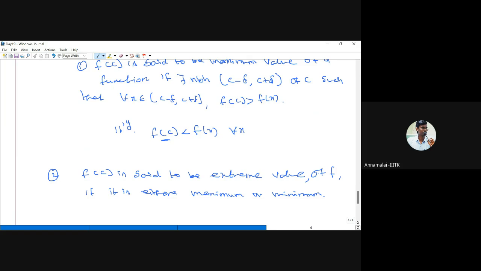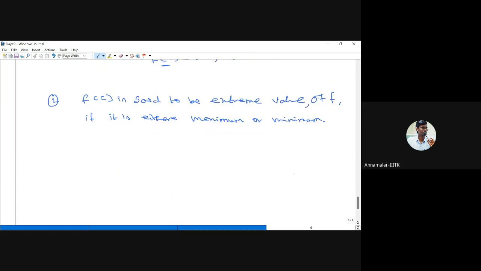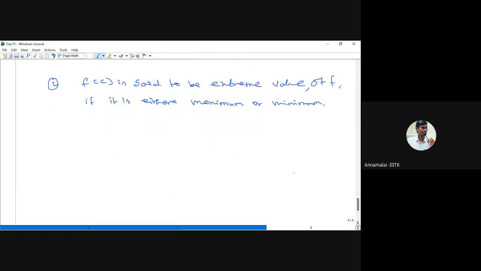Now we have some theorem. What is the necessary condition for existence of an extremum value? When an extremum value exists, then f dash in this case should be 0. So the theorem says, if f of c is an extreme value of f, then the derivative of the function at the point c is 0.